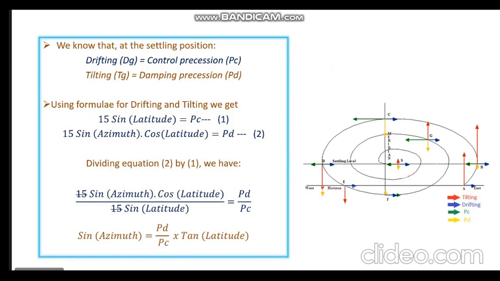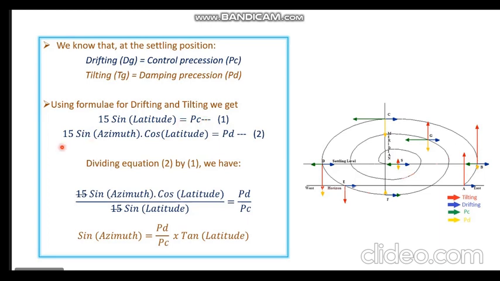Now we are aware of the drifting and tilting formula. The formula for drifting is 15 degrees sine of latitude. Since it is equal and opposite to PC, we get this relationship, equation number 1. Drifting is equal to control precession, or 15 degrees sine of latitude is equal to PC.